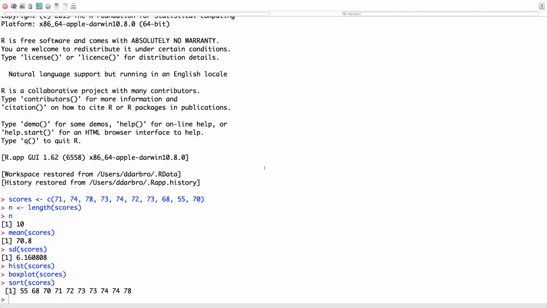Okay, R has a cool pair of functions called PT and QT. PT and QT are functions for T distributions.